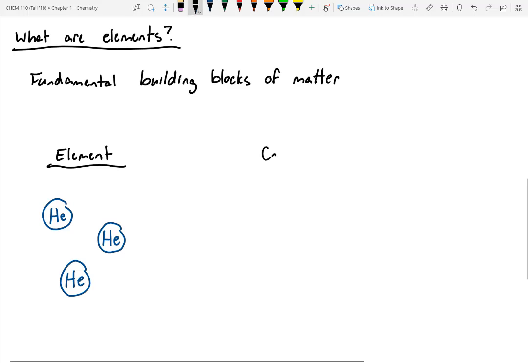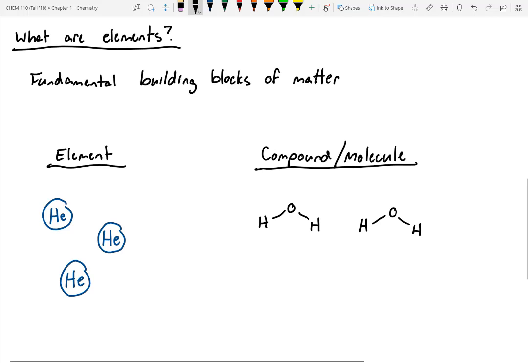A compound or a molecule is a bit different. And yesterday we went over the example of water, and we said water is always going to be two hydrogens that are bonded to one oxygen. So this would be a water molecule, this would be a second water molecule, and we could draw a third in for good measure.